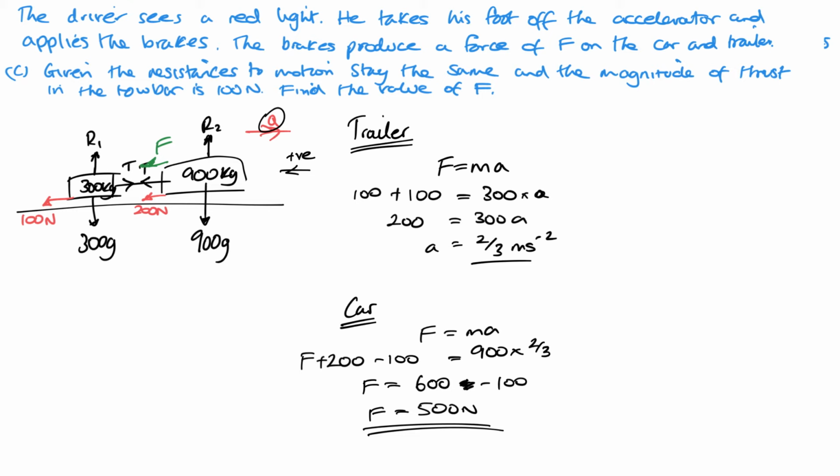Now, just before I go any further, one more thing to note is that I've seen these questions before with an additional part where it talks about these resistances and comparing it to real life, or the model, and what's wrong with the model or what might change. Essentially it would be these resistances. The resistances to motion, which in this case are 100 and 200 newtons, are going to change in real life as this vehicle slows down.